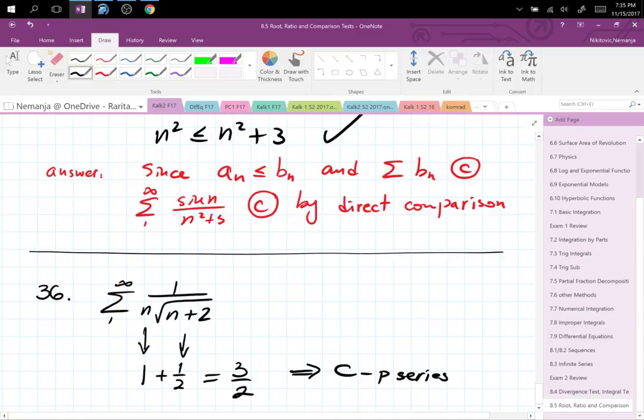So what I'm going to do is immediately put my b_n to be 1 over n to the 3/2, and I know that the summation of 1 over n to the 3/2 converges by p-series.